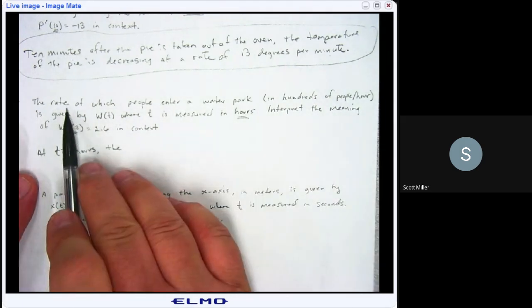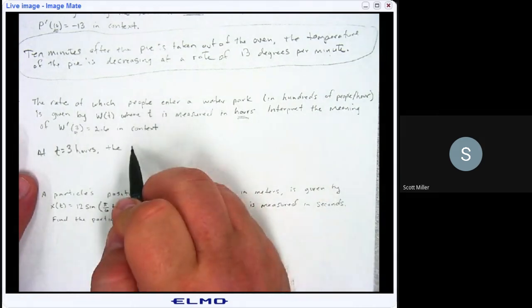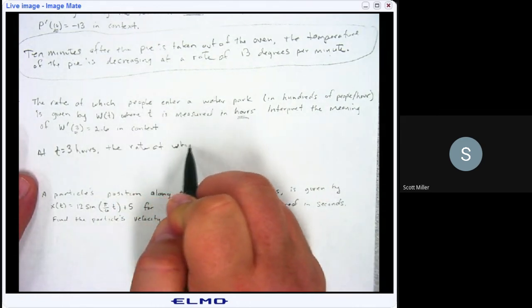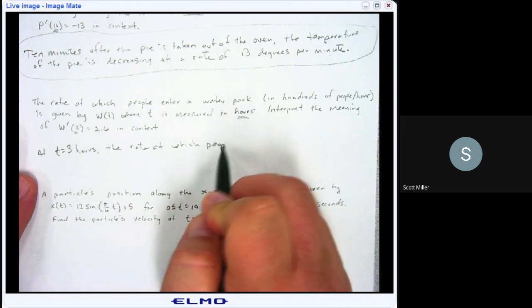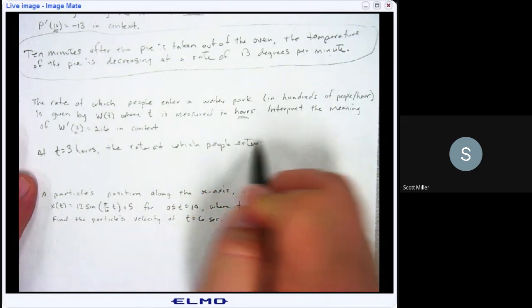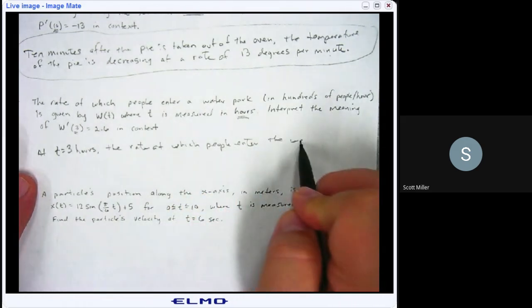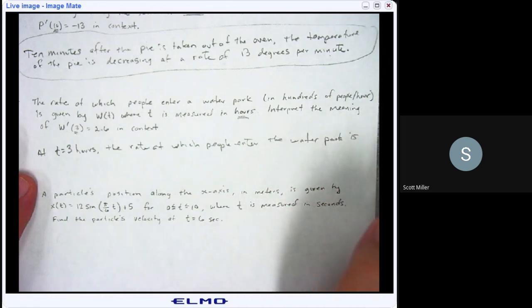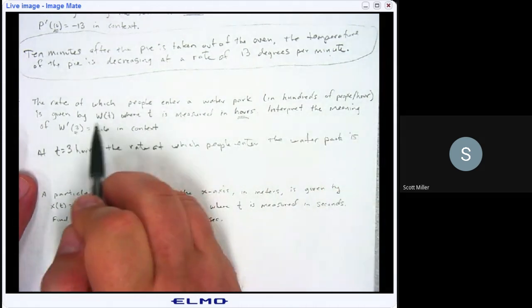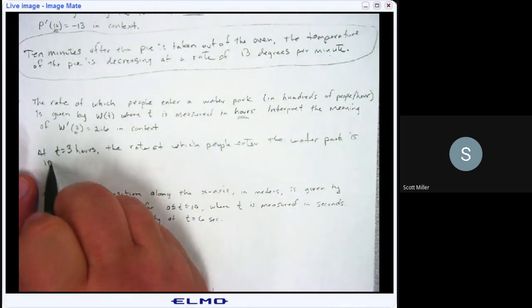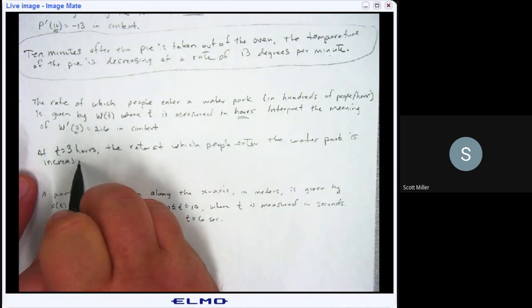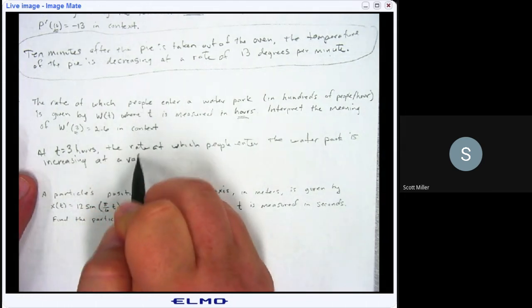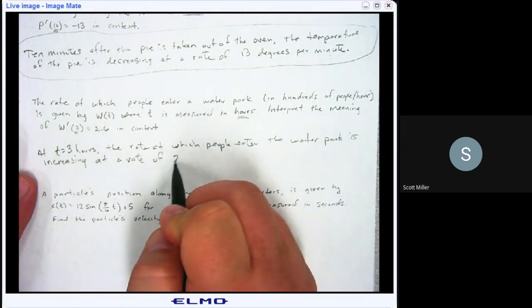What? Context. Okay, the rate at which people enter the water park is, now we look at what's going on, positive, so it is increasing at a rate of 2.6.